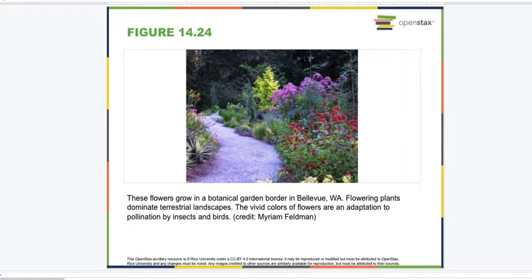So the purpose of the flowers is to attract a pollinator that will carry the sperm, which is the pollen. When you have allergies to pollen, what you have an allergy to is plant sperm that's floating through the air. That's what's making you sneeze. And if you don't have an allergy to it, it means you can sniff a lot of plant sperm and it doesn't seem to bother you.